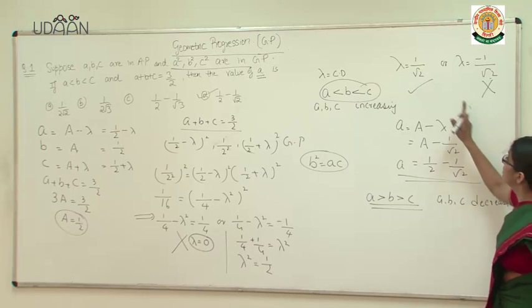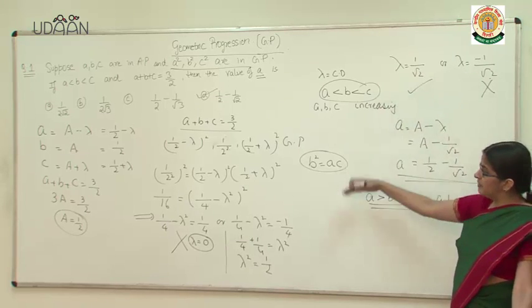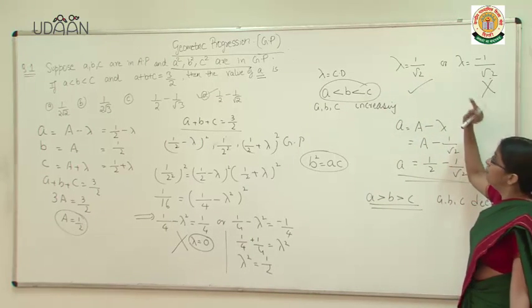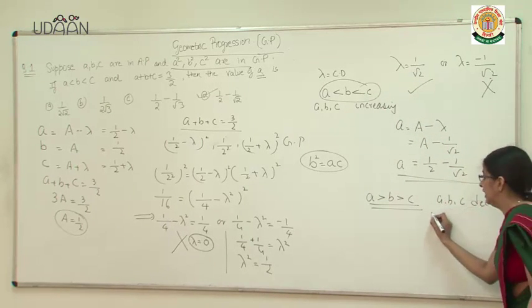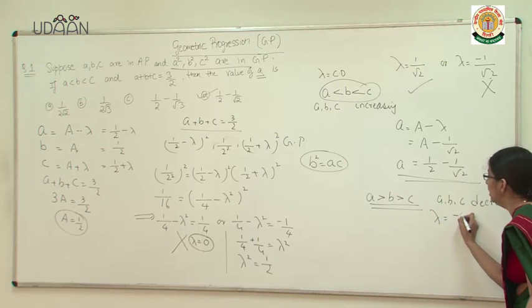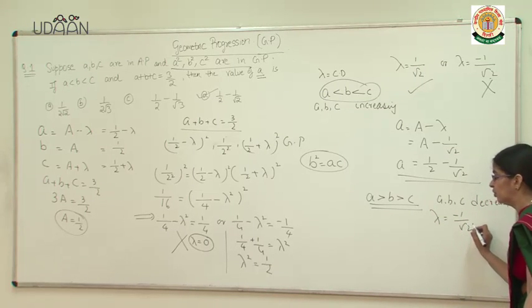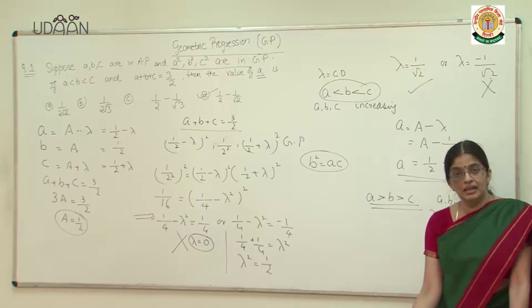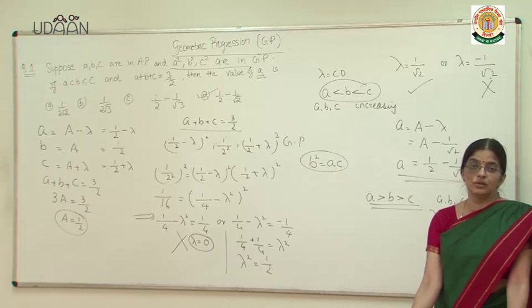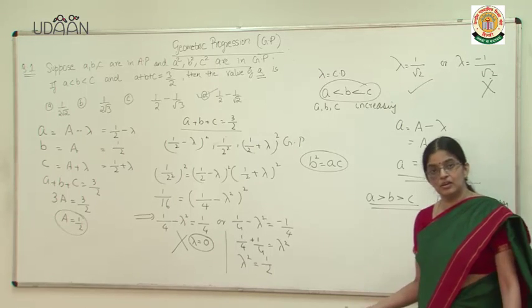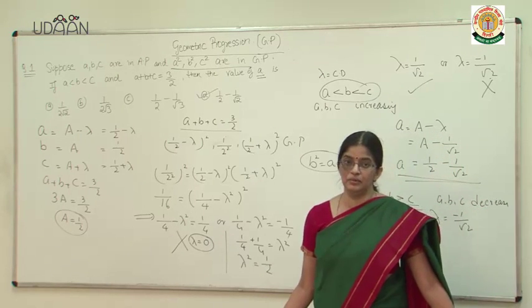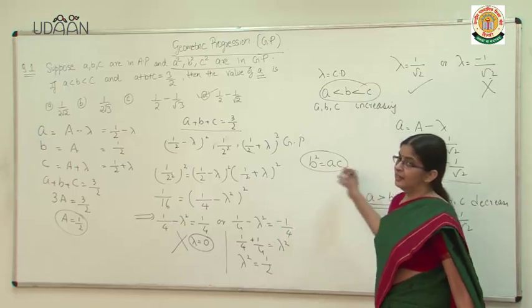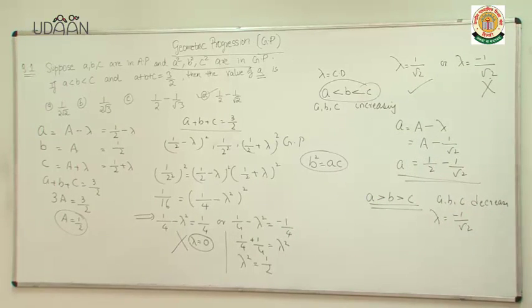In that case, out of these two values, everything else being the same, which value do you have to take? In this case, you have to take the value of lambda to be minus 1 by root 2. An arithmetic sequence is increasing if the common difference is greater than 0 and it is decreasing when the common difference is less than 0. Clear? Let us proceed to the next question.